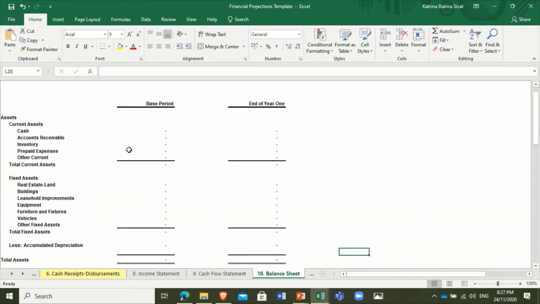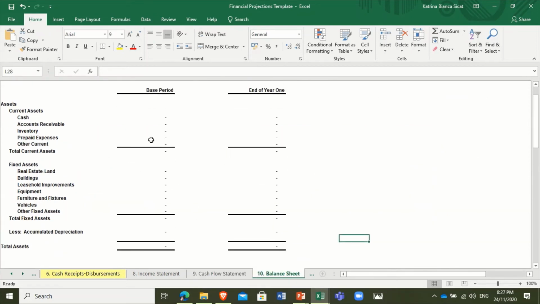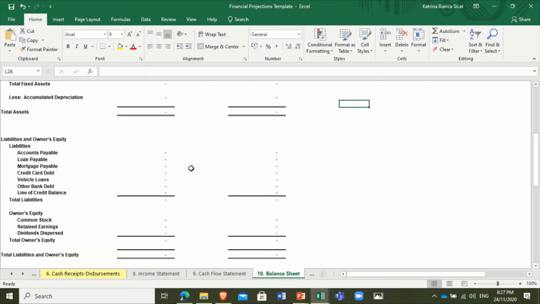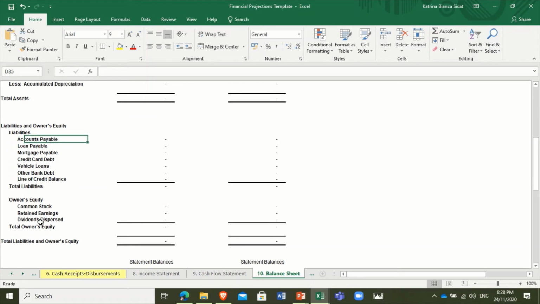And then for the balance sheet, this one wasn't in the earlier one, right? It will also appear if there is a mortgage. The accounts that are not necessary, you can always delete them. Okay, whatever you have, if you only have loan payable and accounts payable, no problem. For the owner's equity, there's no common stock, no retained earnings for the base year, and no dividends.